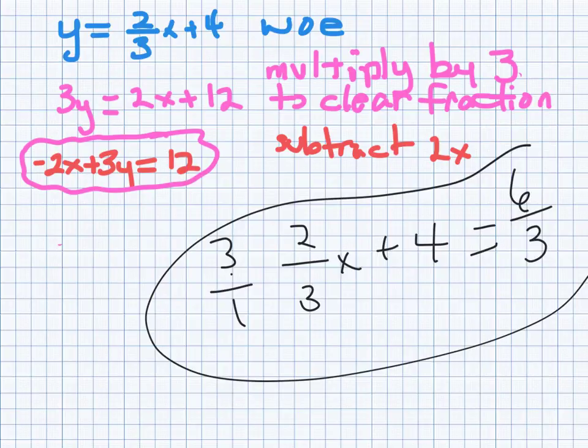So then we have 2x plus 12 on this side, and over here we just have the 3y. Now we have to subtract the 2x from this side to get it over here, and we end up with negative 2x plus 3y equals 12.